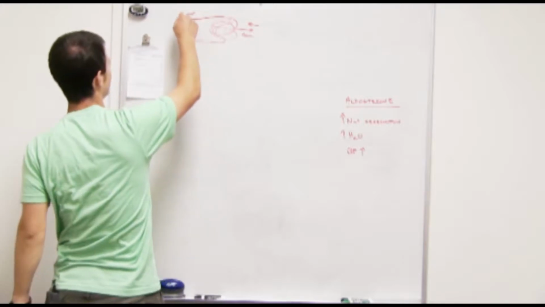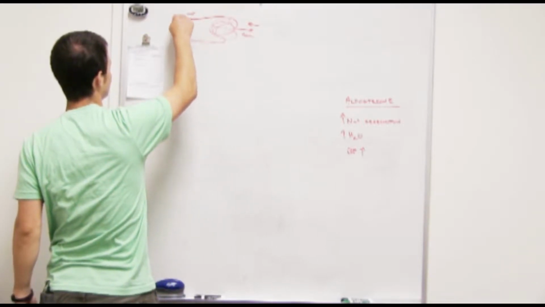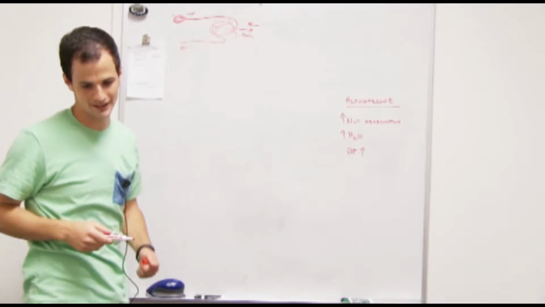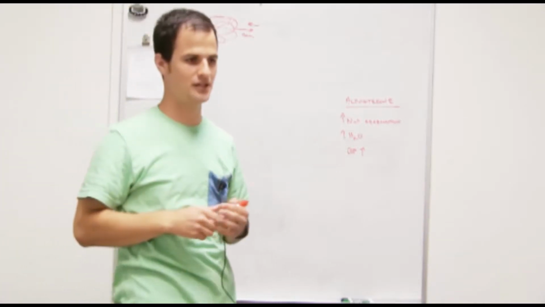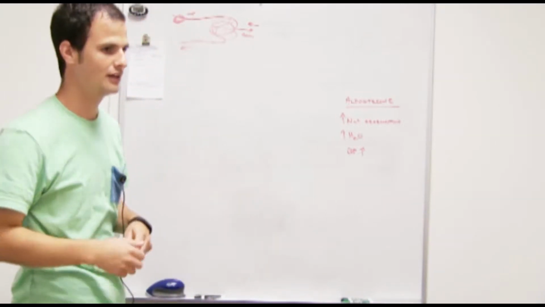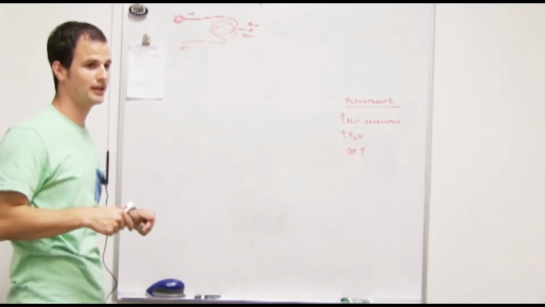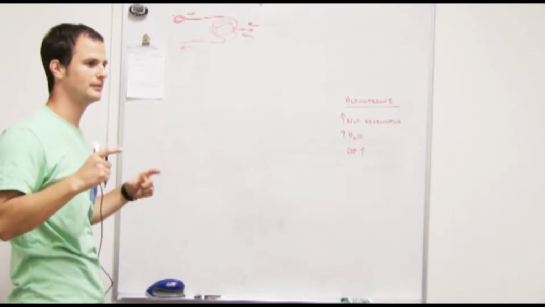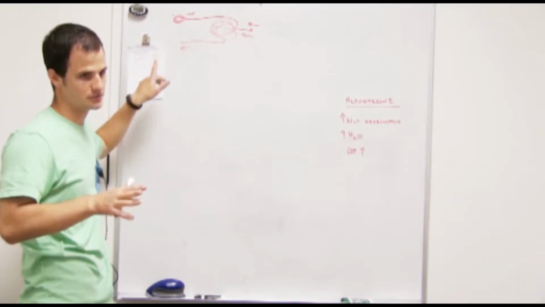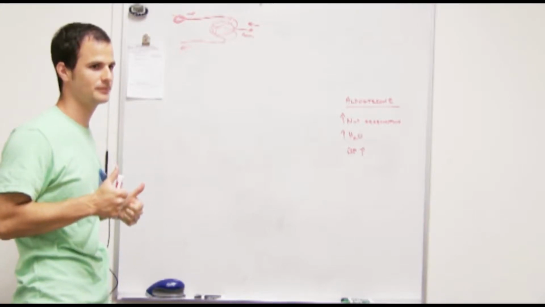Right here there's the juxtaglomerular apparatus, and what that does is measure flow into the kidneys. If the flow or the pressure is dropping, it'll secrete renin to start this process to bring the pressure back up.